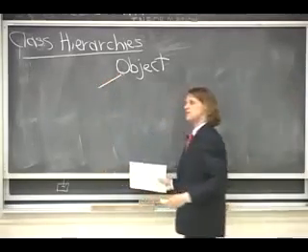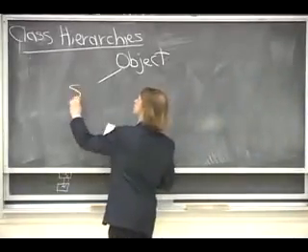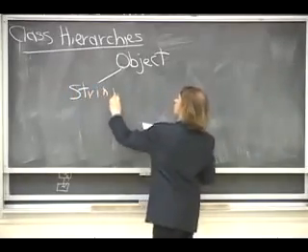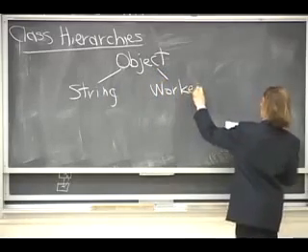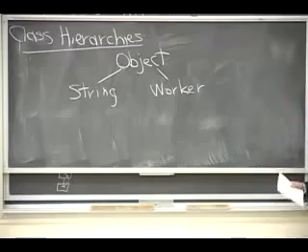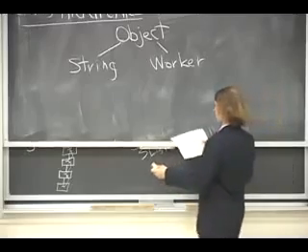So all of the traditional classes that you're used to that are predefined in Java, like String or Integer, as well as any classes that you define yourself, like let's say we call one Worker, those are all subclasses of Object. Second of all, like I said, subclasses can have subclasses.